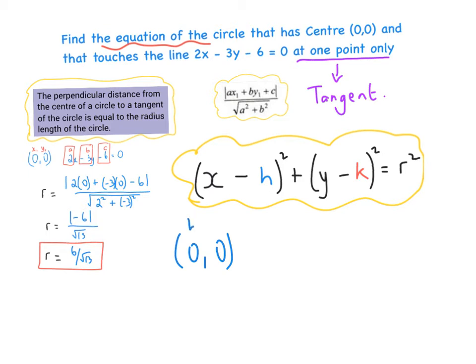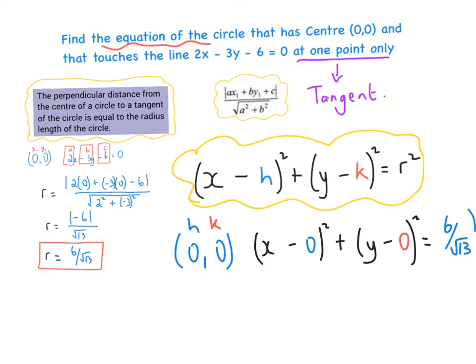So that's h, and this is k. And so now we have x minus 0 all to be squared plus y minus, again, 0 all to be squared. In fact, we know we could leave out that bit and just have x squared plus y squared is equal to r squared. So that's going to be 6 over root 13 all to be squared.